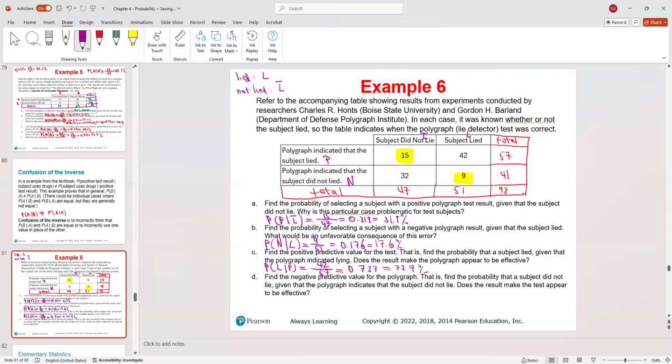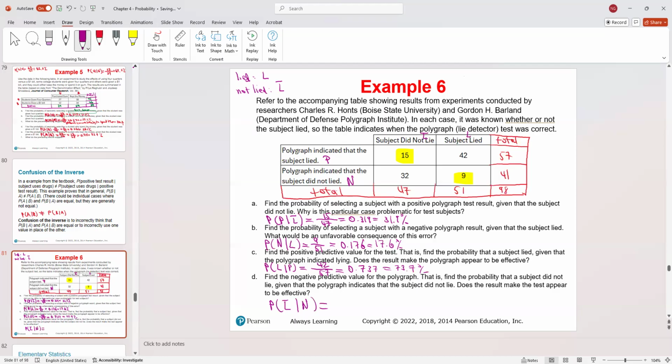Sorry about that. Now we know. Let's do the last one. Find the negative predictive value for the polygraph. That is, find the probability that the subject did not lie. I mean, probability L bar, given that the polygraph indicates that the subject did not lie. So that means negative. All right.